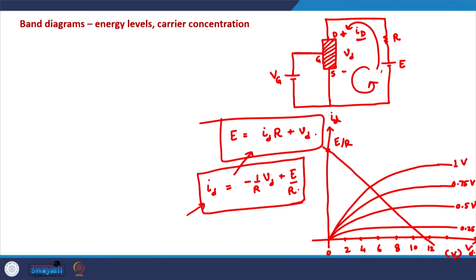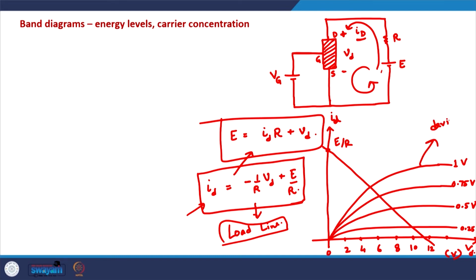Okay. So, now as you can see, the ID and VD values in this circuit will be those values where this KVL line, also known as the load line of the circuit, intersects with the device characteristics.